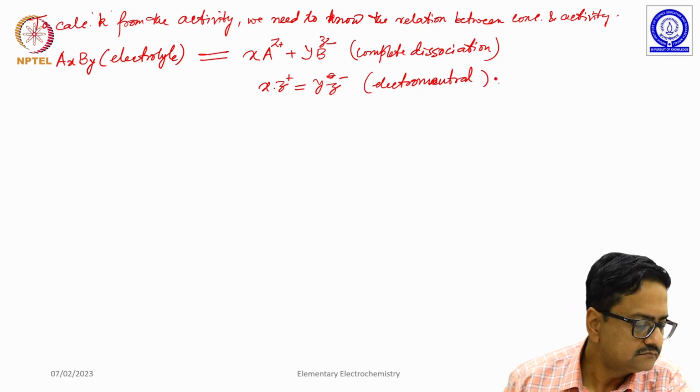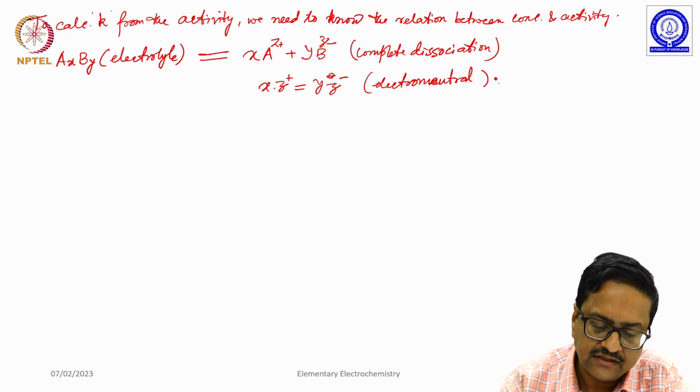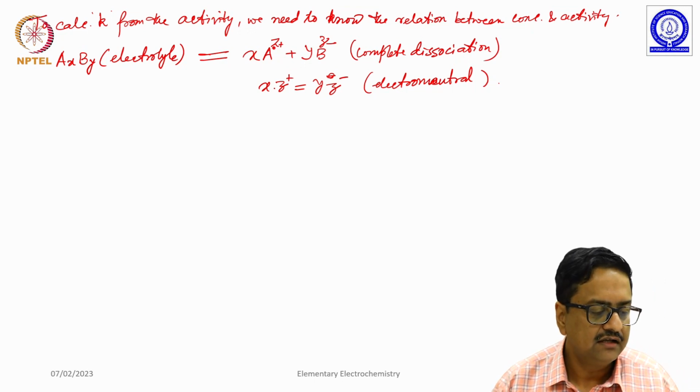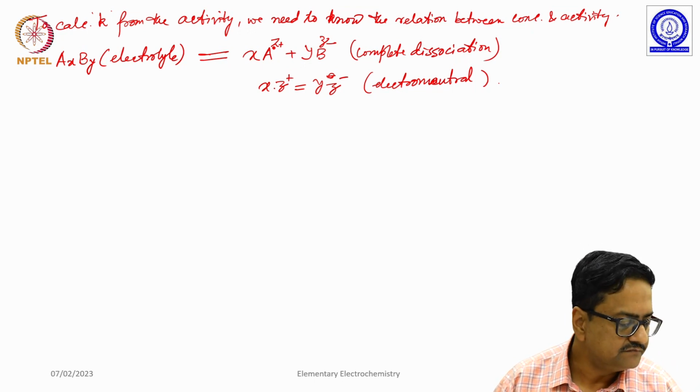Right? That is, Z plus and Z minus are charges on those particular ions, the cations and the anion.